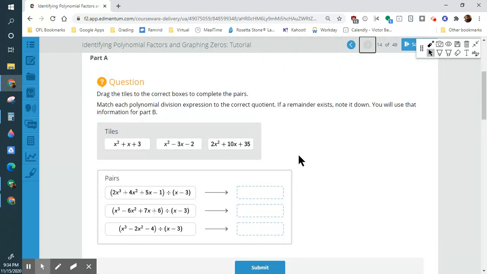So what I'm going to do here is I'm going to see if any of these factors. So this one's a nice one here. This is a good example of doing the x method. So the middle term's 1. This is 3. Two numbers that add up to 1 but give us 3. Actually, does this even work?